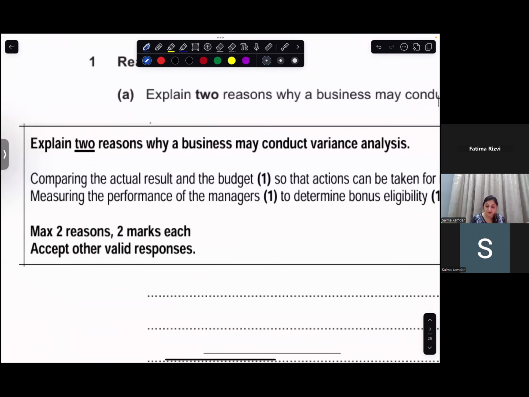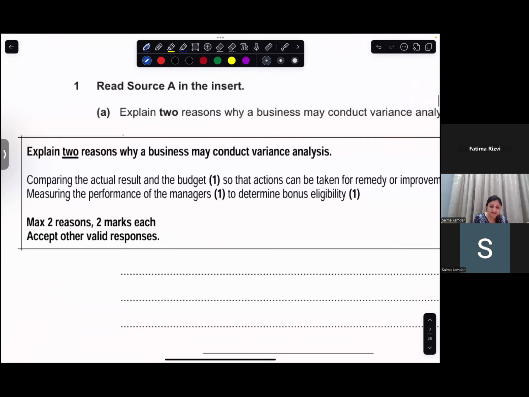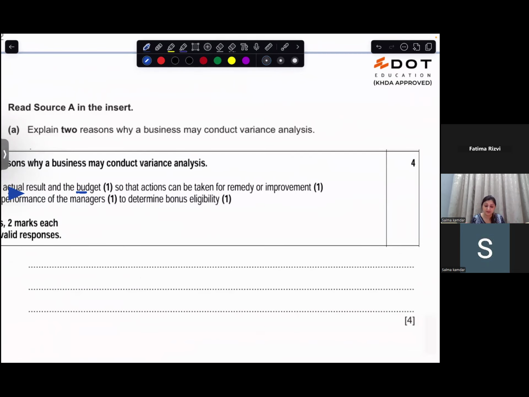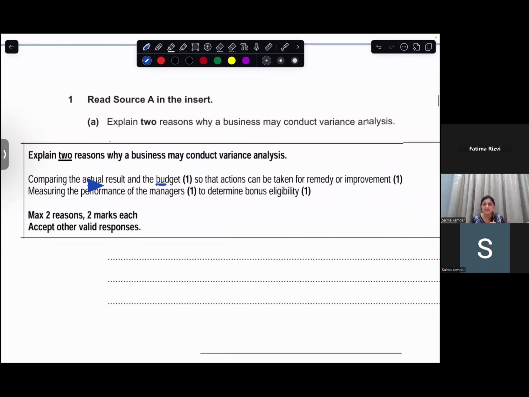They want to compare the actual results and your budget. That means you compare your actual budget with your flexed budget. Why you are doing this? So that you can take actions for remedy and improvement. 1 mark for saying comparison and 1 mark for reasoning it out.